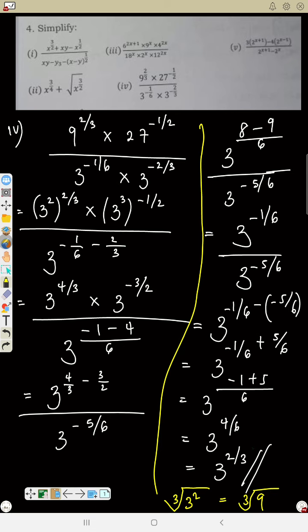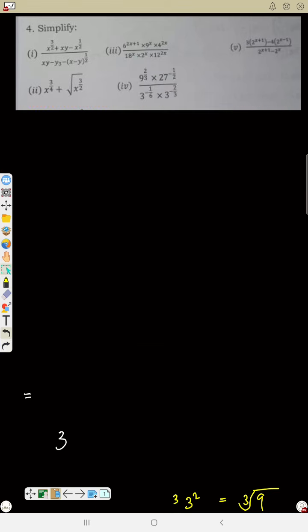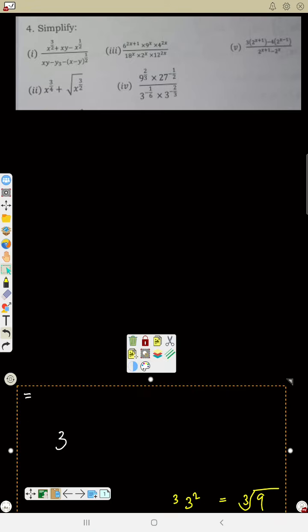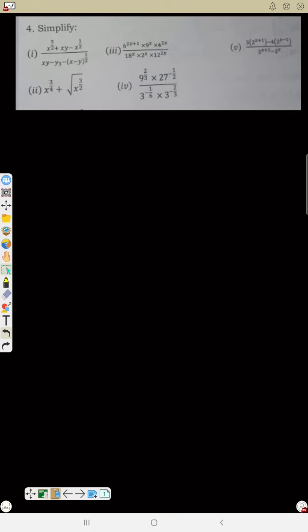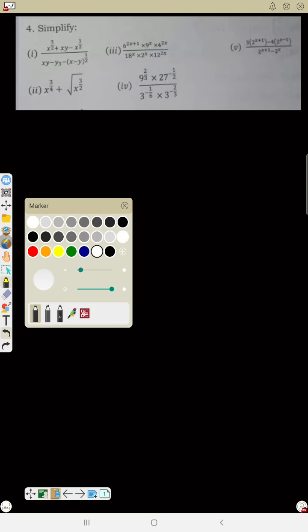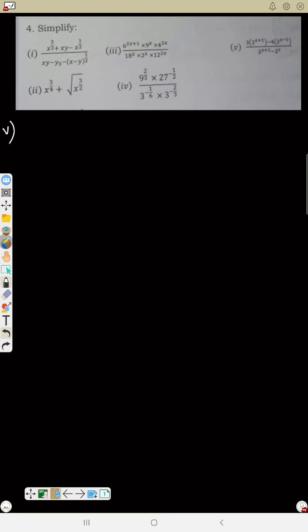Now follow the step so you can write it. Then let's see the V. V, we have 3 brackets 2 raised to power x plus 1 close bracket minus 4 bracket 2 raised to power x minus 1.